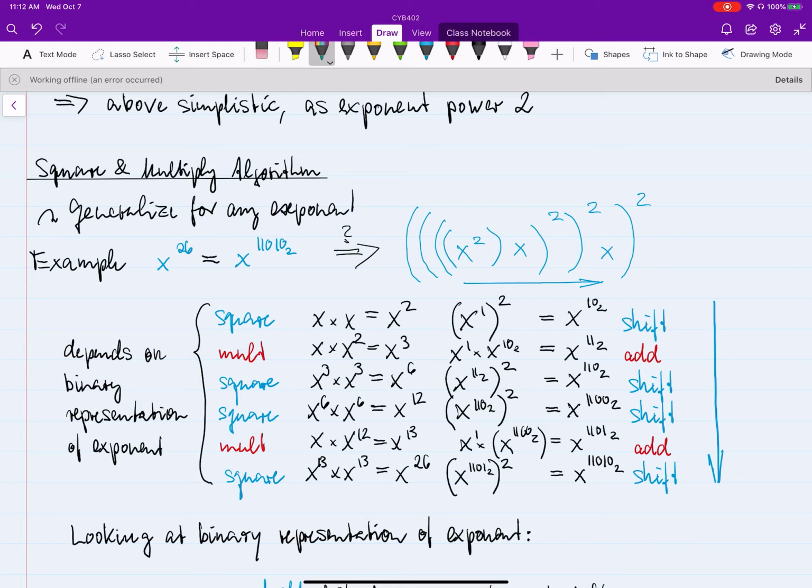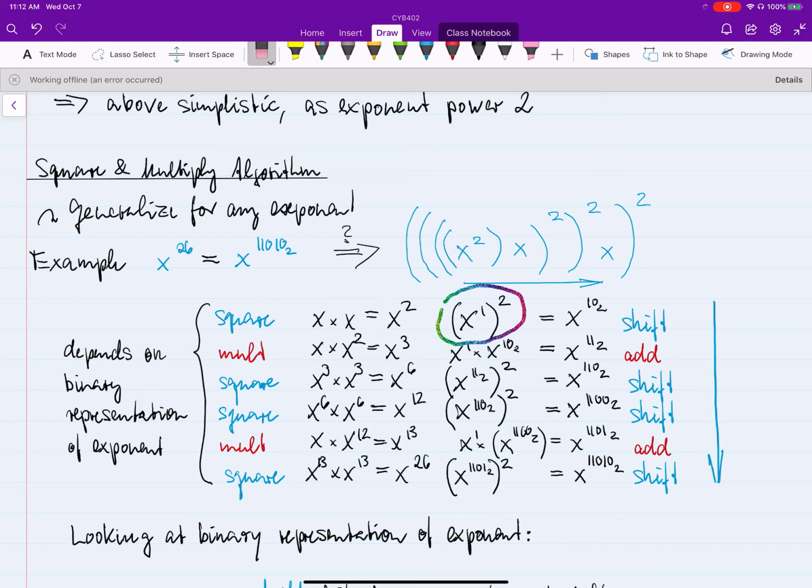So let's see how that works here. The direction that I put here is the same direction as the computations that we do here. That's the reason why I have that arrow here. So when we start out just squaring x, this is the computation that we do.